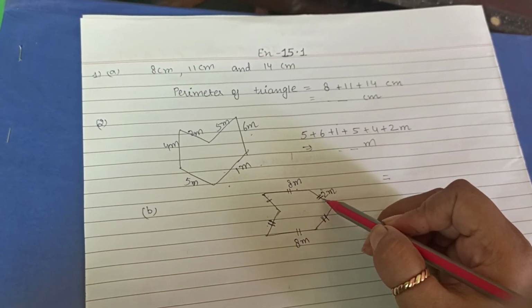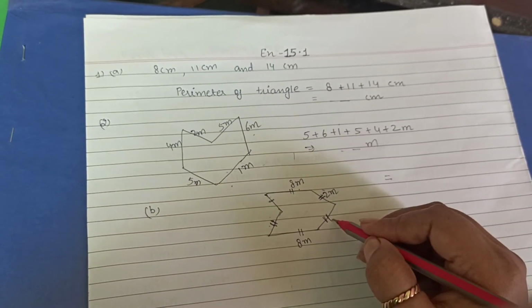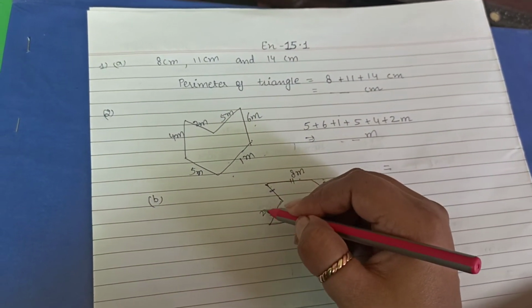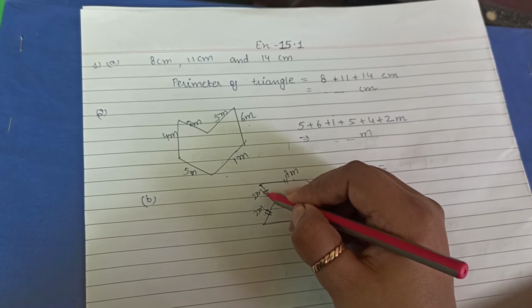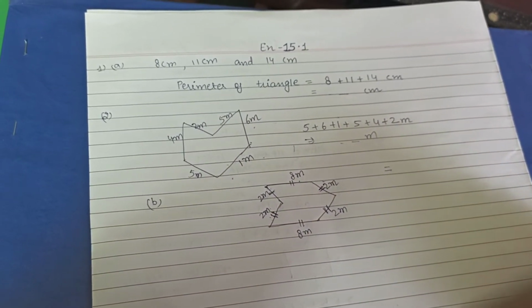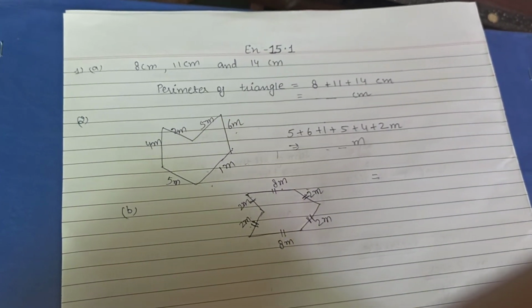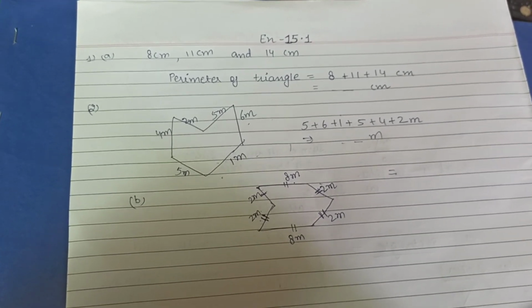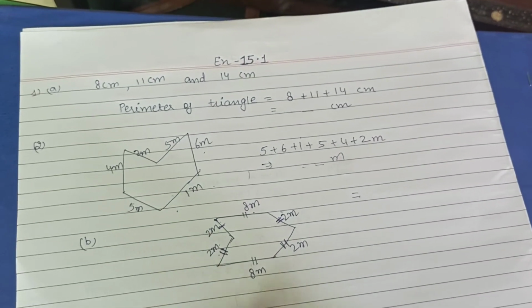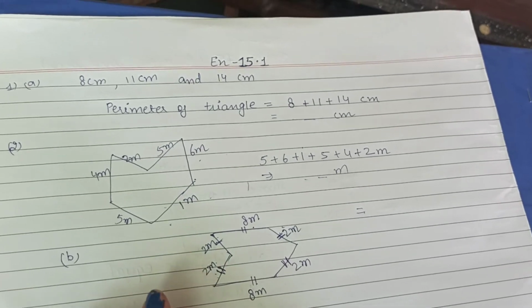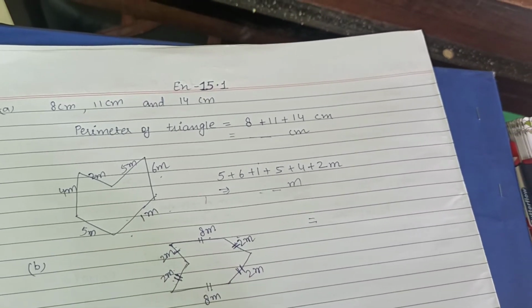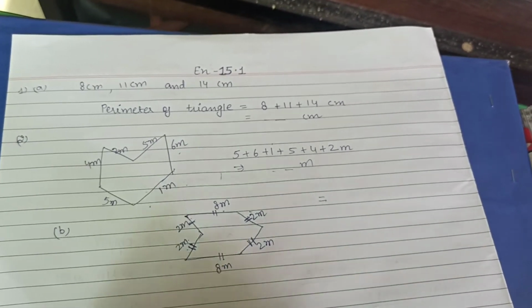Now 2 meter, and these all 4 are equal. So this is also 2 meter, this one also, and this one also 2 meter. Now you can easily find the perimeter of this shape. What you have to do is just add all these lengths of the figure, right?